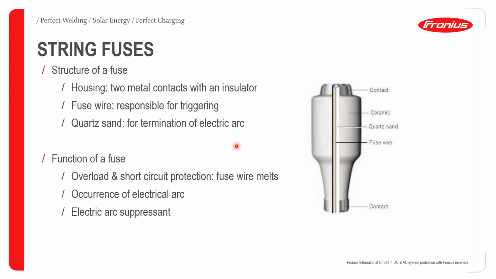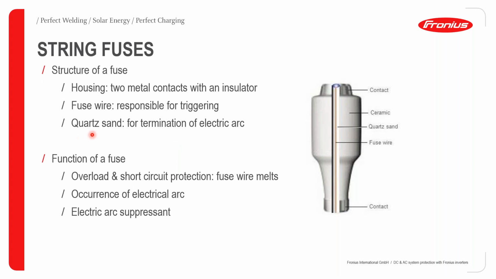As you can see in this case, we have 2 metal contacts that act as the continuity point for flow of electricity. And then we have the fuse wire, which is responsible for rupturing in case of unwanted current or fault current passing through.